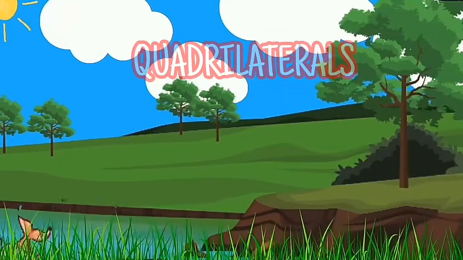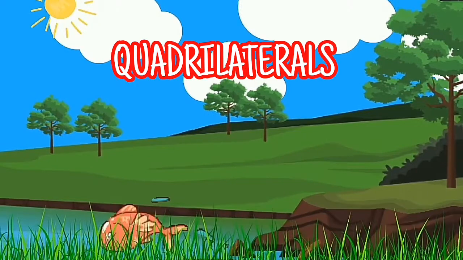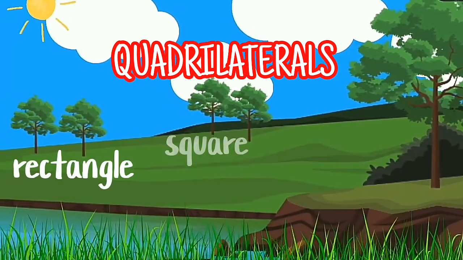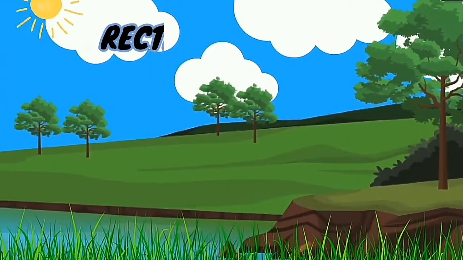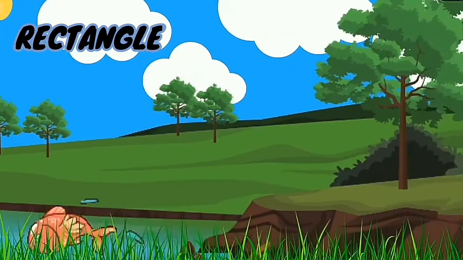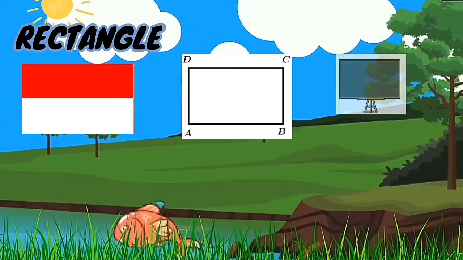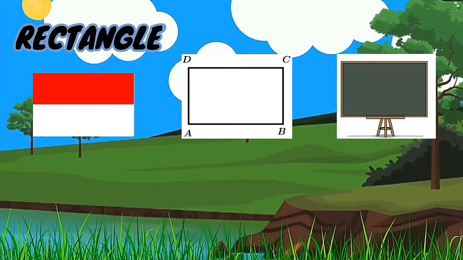The next material is quadrilaterals, which are divided into three, namely rectangles, squares, and parallelograms. First, we discuss the rectangle. Can you see what shape or picture a rectangle looks like?